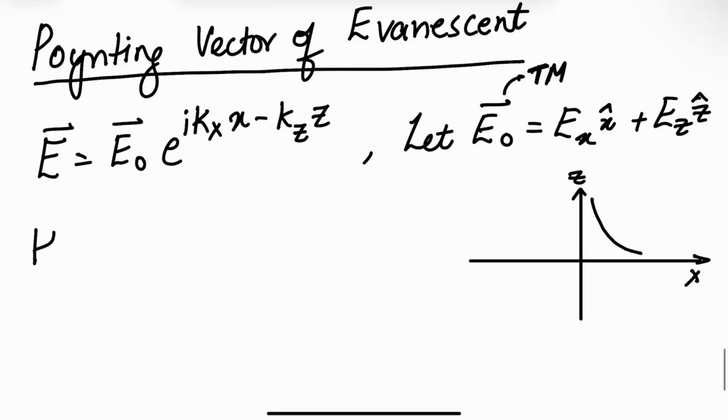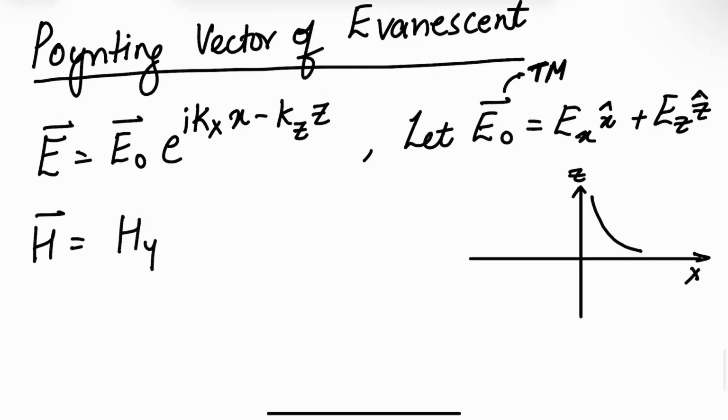Then you can calculate your H, which would be given by some Hy y hat, and this is again for this TM wave. You want E and H to be perpendicular to each other, so that's why you get H like this. I'm writing H as Hy y hat. Now you may ask, why is E not perpendicular to K?